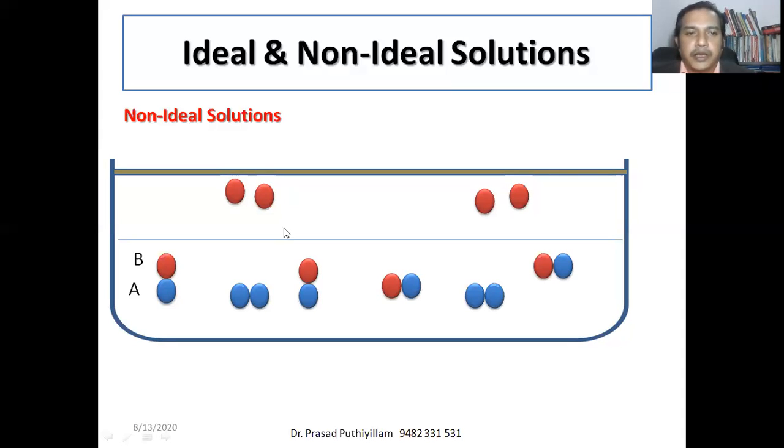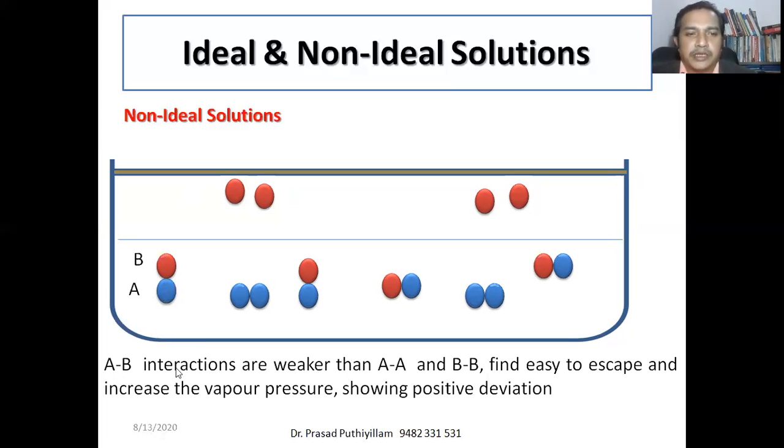So consider a mixture both in liquid state as well as gaseous state. A is the solvent, B is the solute. In this case, here AB interactions are weaker than AA and BB. That means B finds it easy to escape to the gaseous or vaporized state.